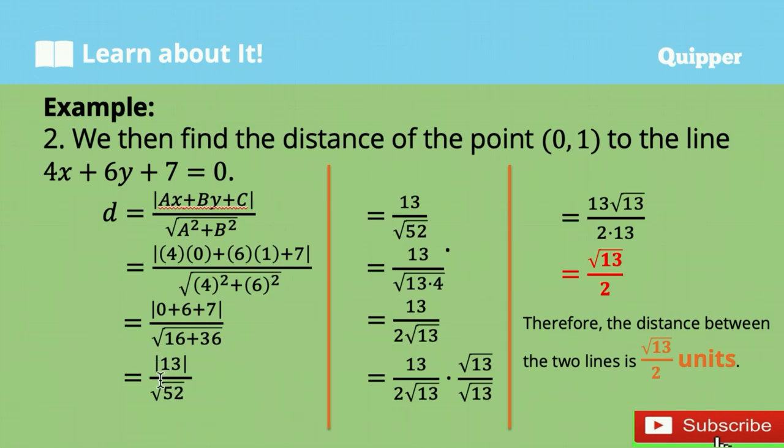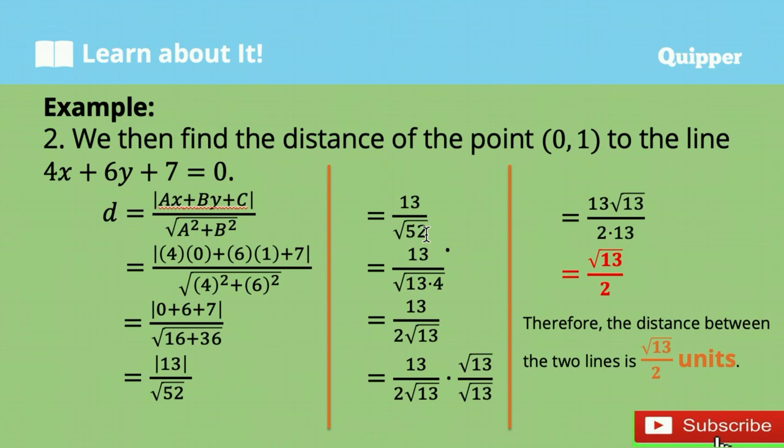The absolute value of 13 is positive 13. Then just copy the square root of 52. Now, the square root of 52 is not a perfect square, but 52 is a composite number, meaning we can still factor it.